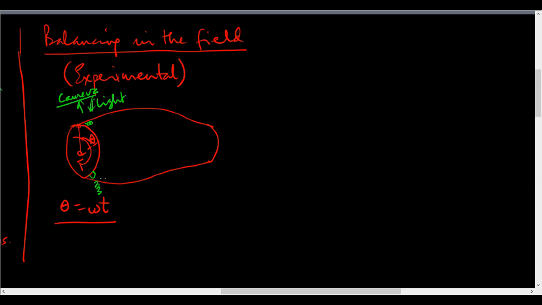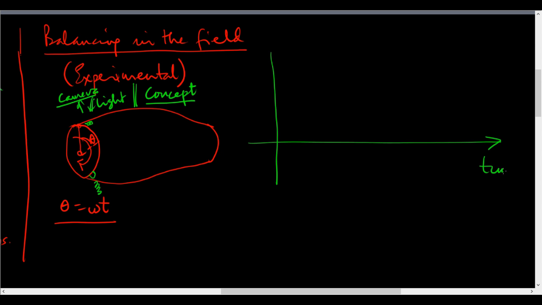Okay, whatever it may be, but let us think about it like this. This is a concept only, but you understand that I have something which will give me a signal every time this line goes past. Now on my time axis, the output from this reflector will be, the camera output may look like this.